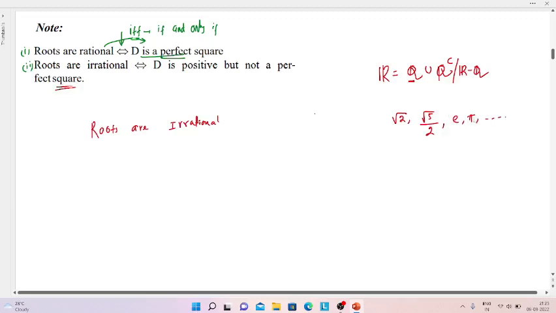These are actually irrational numbers, so this is one example, but you can understand what it means.